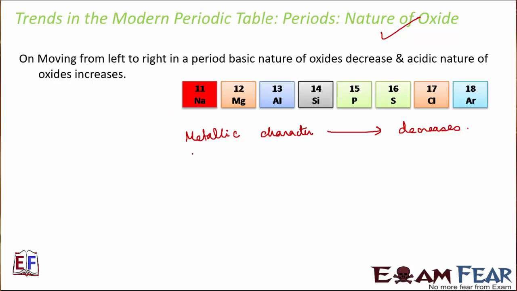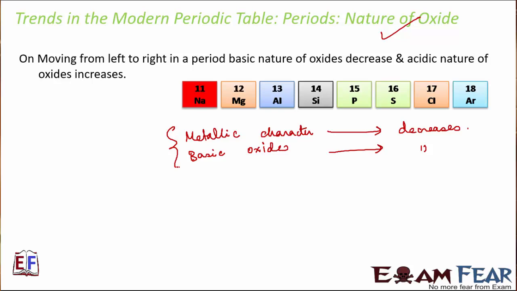So the basic nature of oxides also decreases, whereas non-metallic character increases, therefore the acidic nature of oxides also increases, because we have learnt that metal oxides are basic in nature, non-metallic oxides are acidic in nature. In fact, we have proved that with various reactions as well.